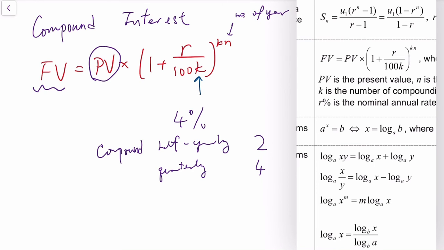It could also be monthly. Then K will be 12. And one interesting thing is, it turns out the more frequent they calculate compound interest for you, the more money you will get at the end. Not by a lot, just a tiny bit, but technically a little bit more.